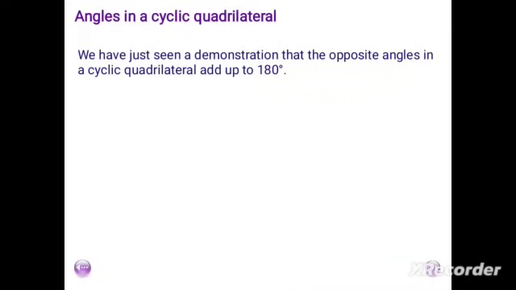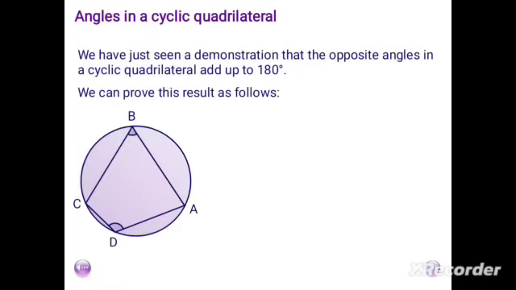So we have just seen a demonstration that the opposite angles in a cyclic quadrilateral add up to 180 degrees.